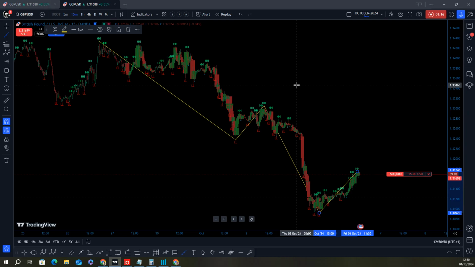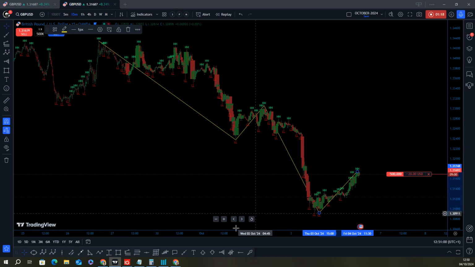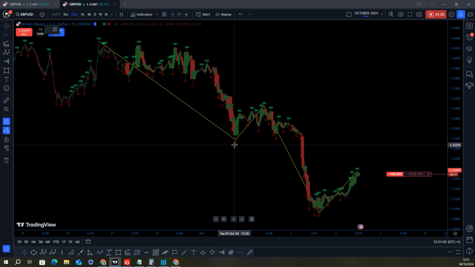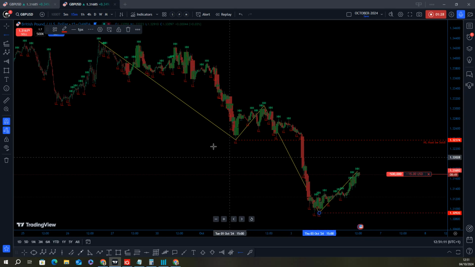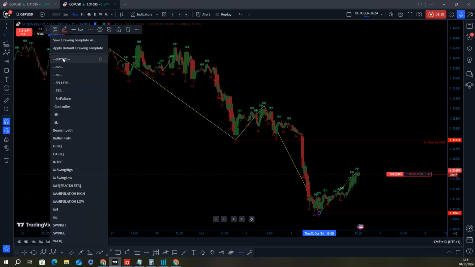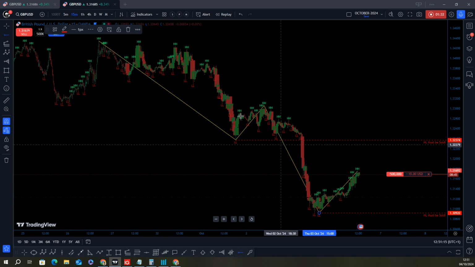Okay, we've seen a pattern that gives us a momentum low, and this is the new momentum low that was made, and we have seen the correction of the momentum low.